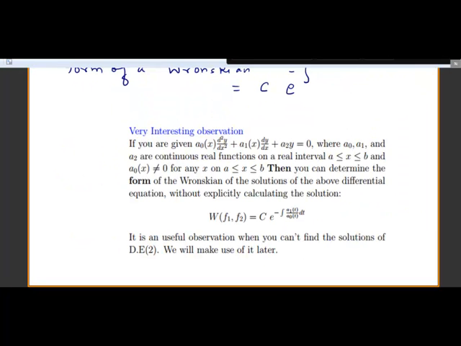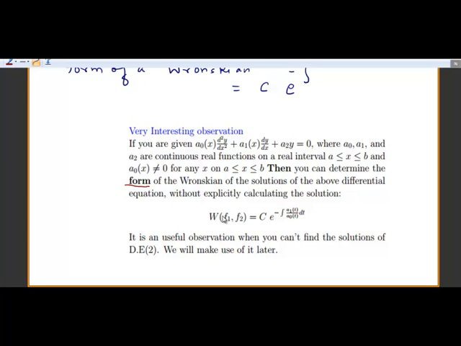So what is this result telling us? If we have a second order differential equation and we do not know the fundamental set of this problem, the coefficients can be constants or functions of x for this observation. Then we can still find the form of a Wronskian even though we don't know the solutions.